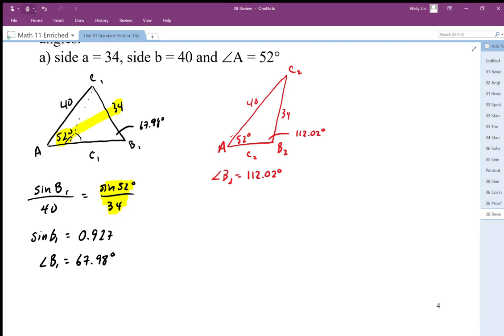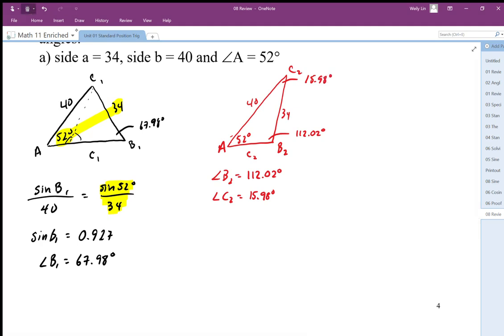Solving for angle C2, I'm going to subtract from 180. 180 minus 112.02 minus the 52 degrees that was given, I end up with 15.98 degrees. So now I've got the two angles that I need. I just need to find my third side here.